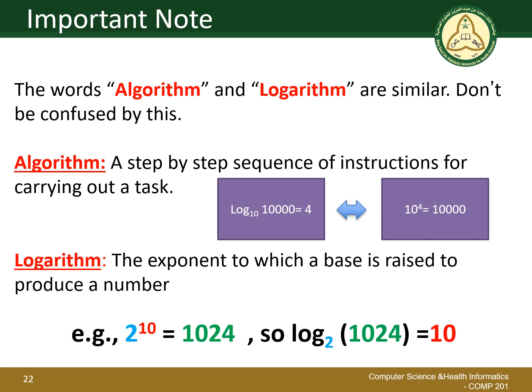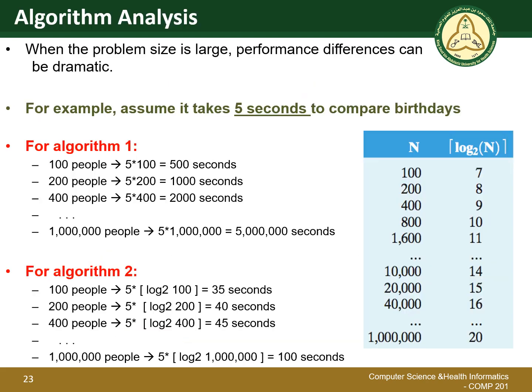Algorithm 2 with 1000 people needs 20 seconds to solve the problem. Why? Because the cost of a comparison is 2 seconds. Here we can compare the performance difference in terms of time between algorithm 1 and algorithm 2.